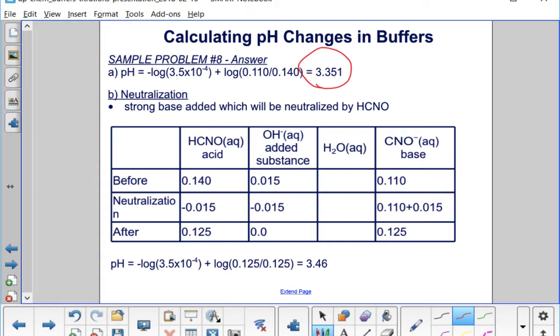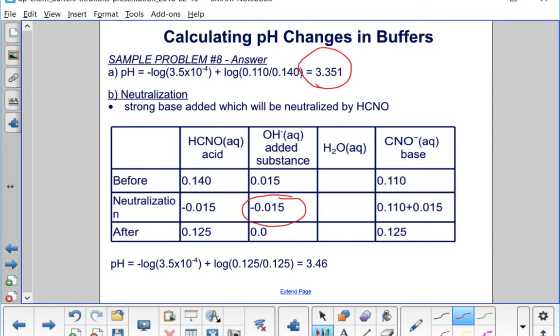And how much of the strong base did we add? 0.015 moles. Remember that our biggest problem-solving tool here in this neutralization is to say that all of the strong base that is added is neutralized, so that after the neutralization we have no strong base.